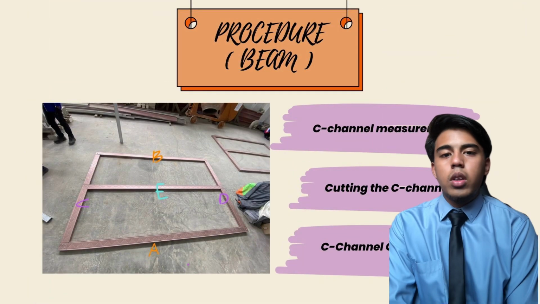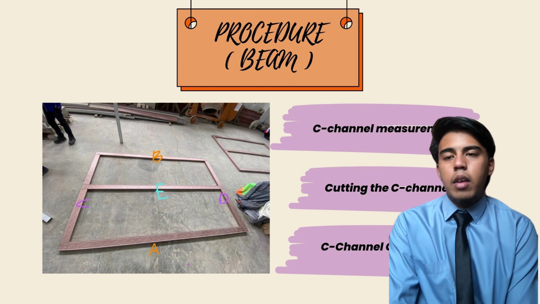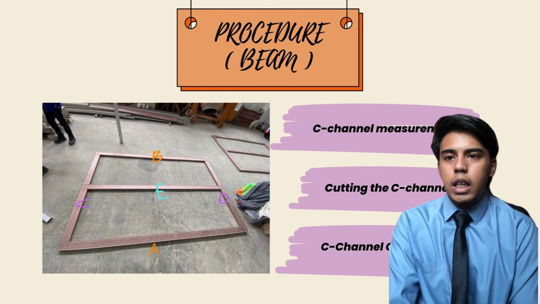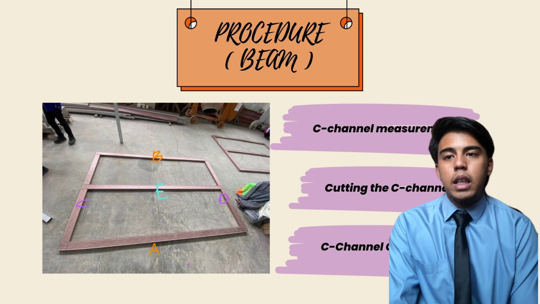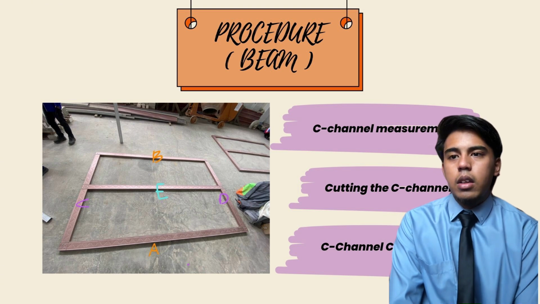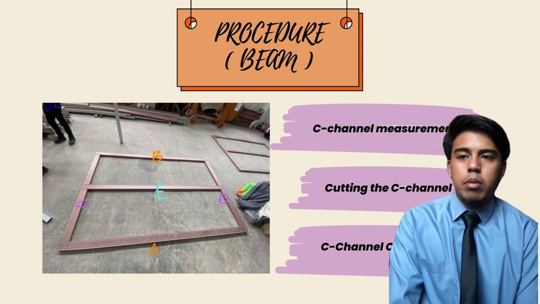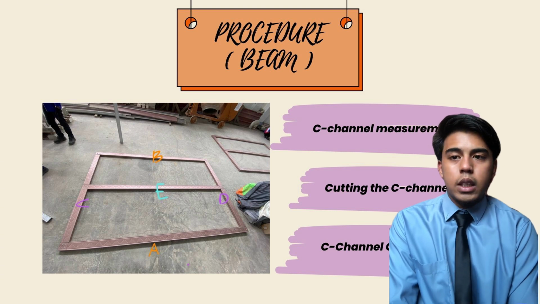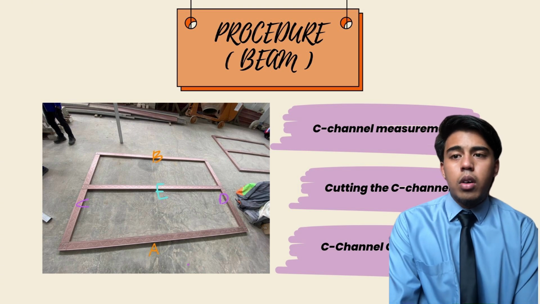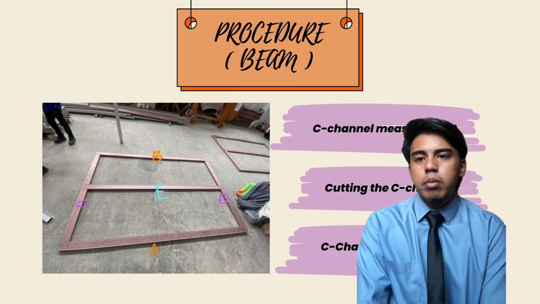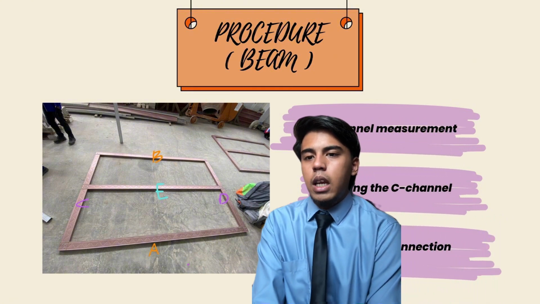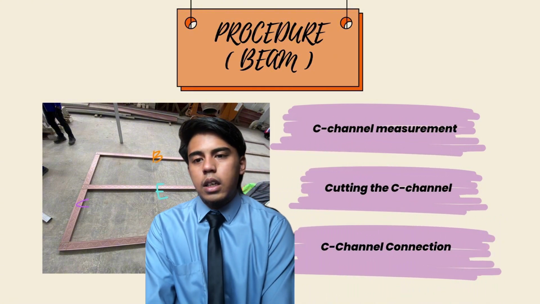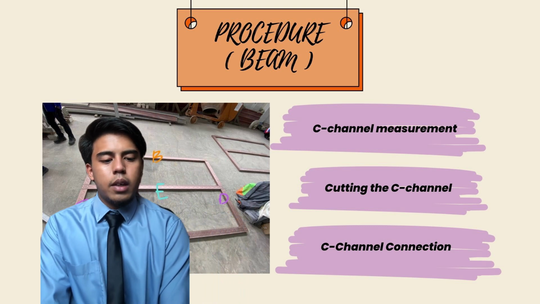Now we move on to the procedure. We divided it into two parts: first part for the beam and second part for the roof trusses. For the procedure of making the beam, first is C channel measurement, then cutting the C channel, and then C channel connection.